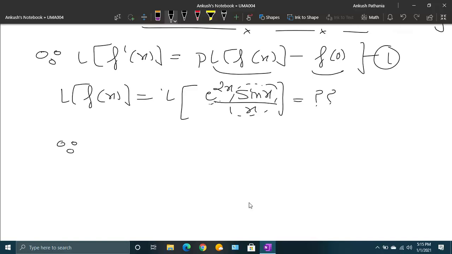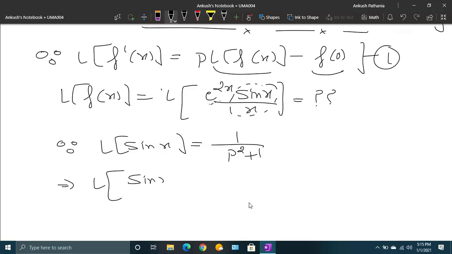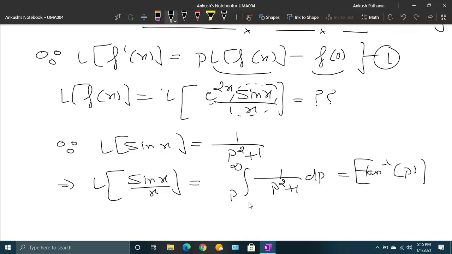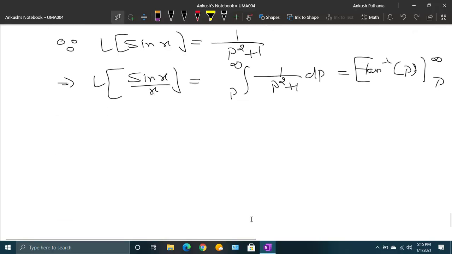So let us start. Since the Laplace of sin x is 1 upon p square plus 1, this implies the Laplace of sin x upon x, by the division by x property, is the integral from p to infinity of 1 upon p square plus 1 dp. This is tan inverse p from p to infinity, and solving this you will get pi by 2 minus tan inverse p.